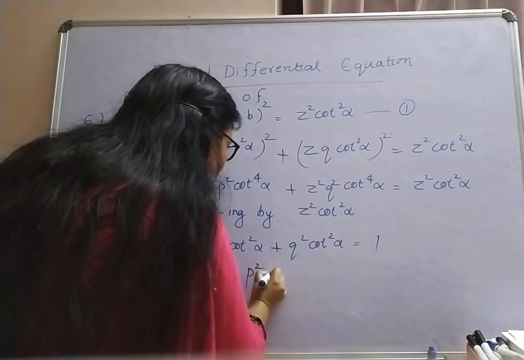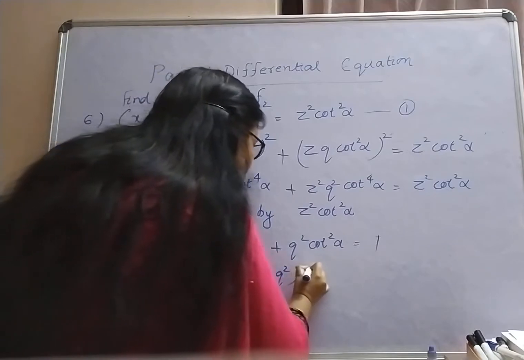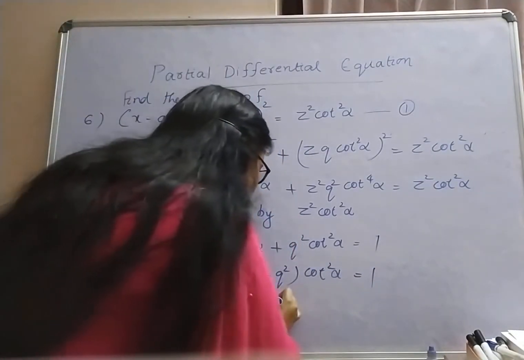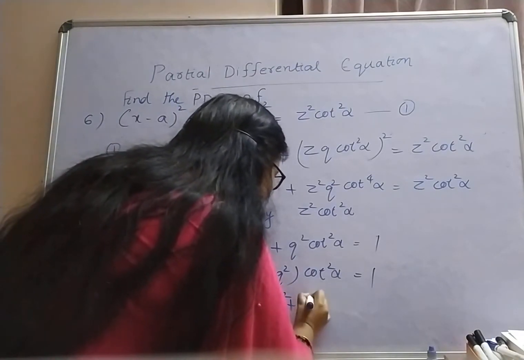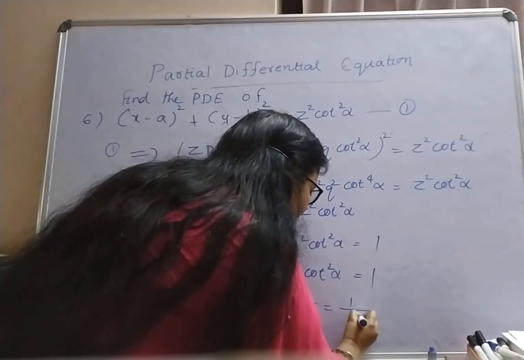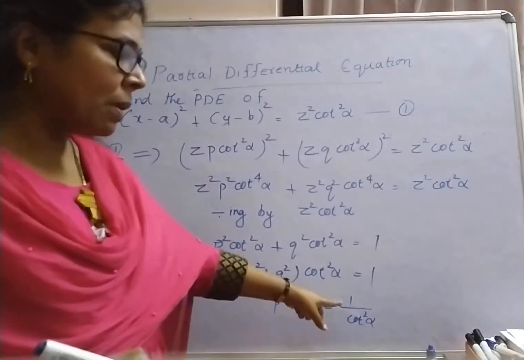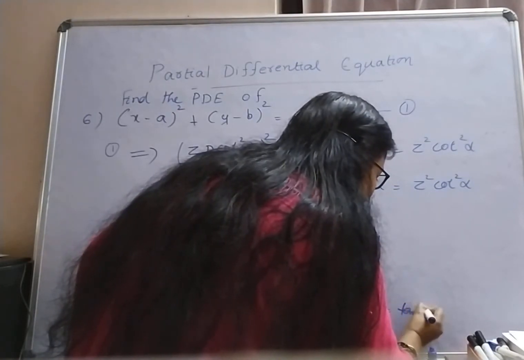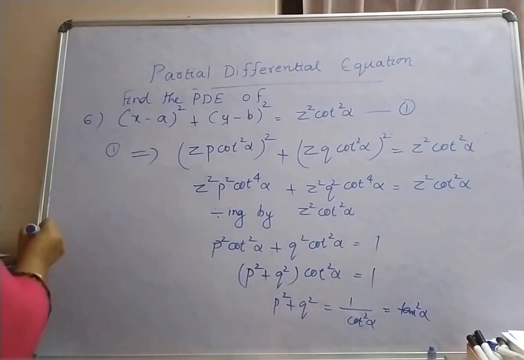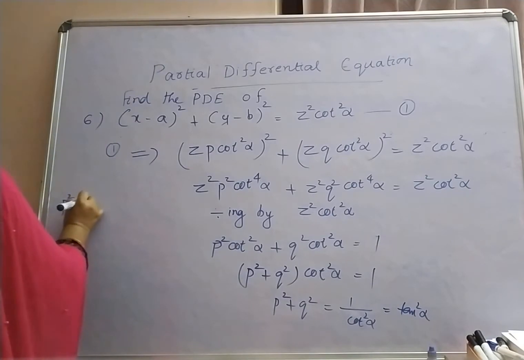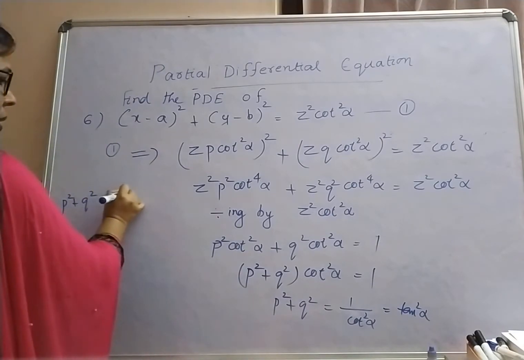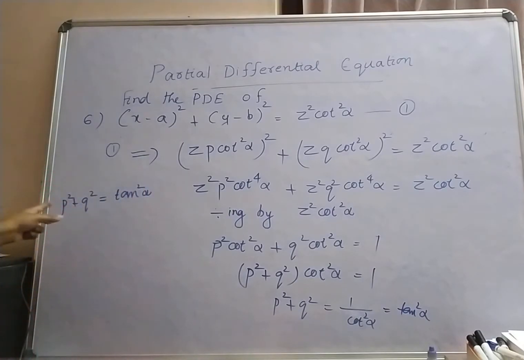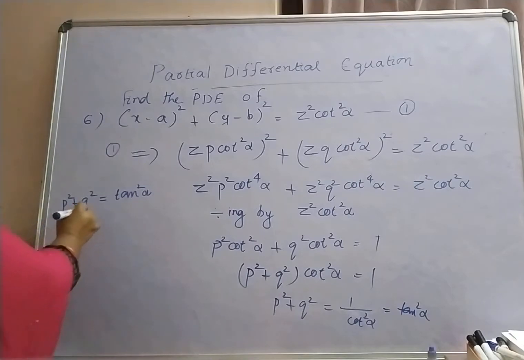Then (p square plus q square) into cot square alpha equal to 1. That is, p square plus q square equal to 1 by cot square alpha. What about 1 by cot square alpha? 1 by cot square alpha is tan square alpha. We get the PDE like this, p square plus q square equal to tan square alpha. Here we get the required PDE.